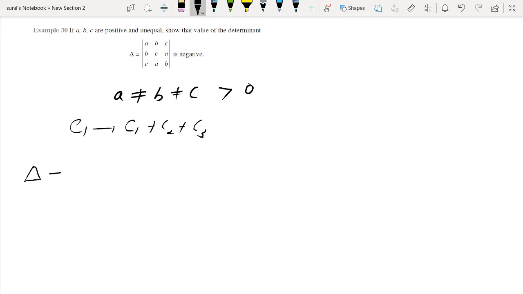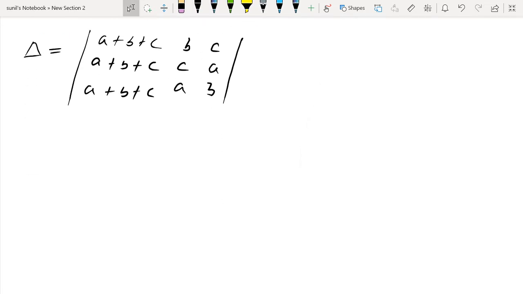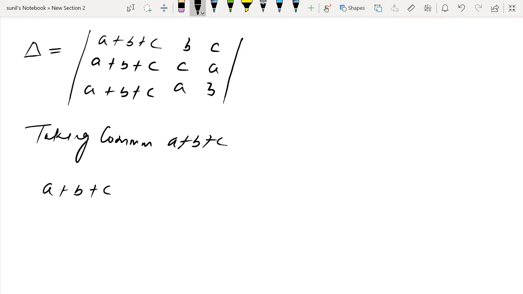So delta will be equal to A plus B plus C, plus B plus C. It is B, C, C, A, A, B. Now taking common A plus B plus C. Now this may be like this: 1, 1, 1, B, C, A, C, A, B.